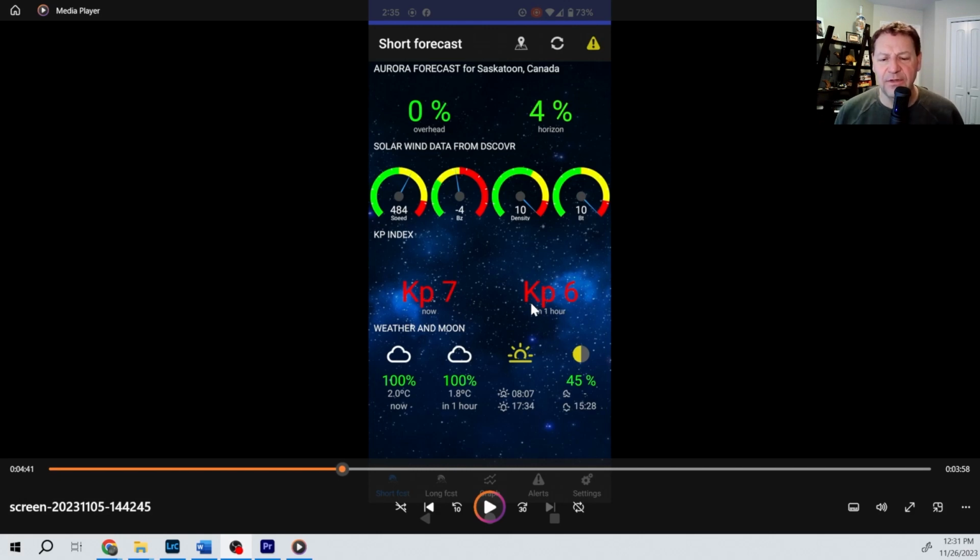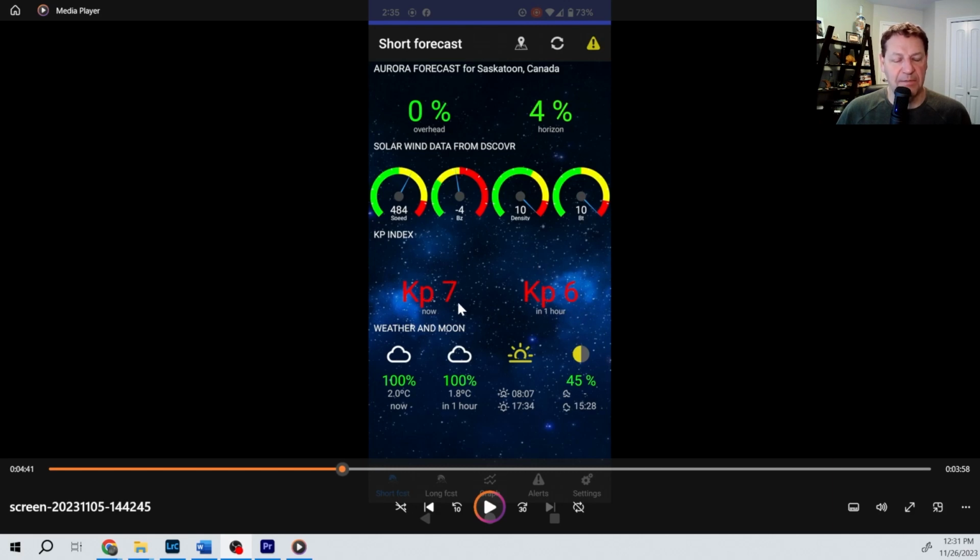I'm not certain where that comes from because KP is a max over a 3-hour period, but maybe I don't know what they're doing to get that. I don't think that's coming from NOAA. And this is the chance of them being visible overhead and on the horizon. So those are the core values that most people use, especially when you're starting out.